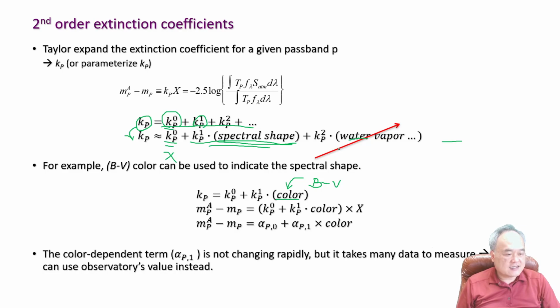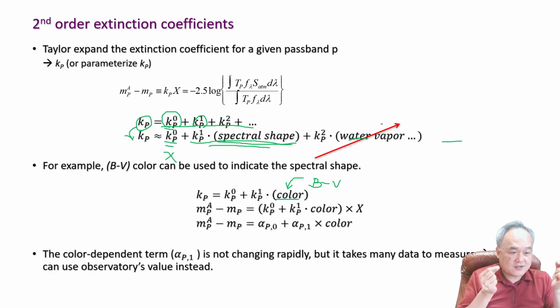And usually the higher order terms depend on the particular atmospheric layer or composition. For example, if the amount of water vapor is changing, then at a certain wavelength it is causing variations due to this changing amount of water vapor. Likewise, you can think about the ozone layer variation, or the refractive index change due to slight variation of temperature or pressure.